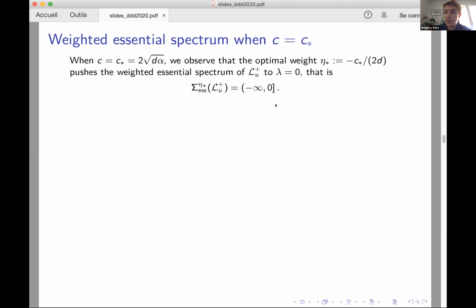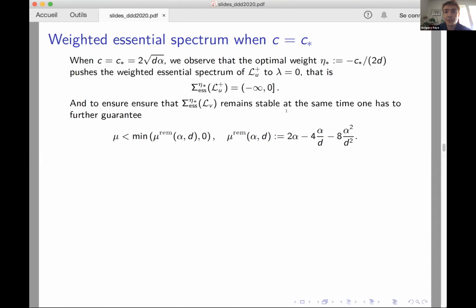So we see that we managed to stabilize the essential spectrum, but we could not strictly stabilize it. It's only marginally stable in the sense that it still extends to the imaginary axis at the origin. To ensure now that the V essential spectrum remains stable, we also have to guarantee that mu is less than some critical value that depends on alpha and D. I will be denoting that critical value mu rem.